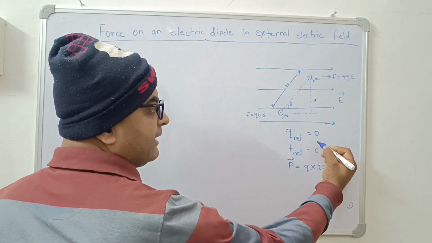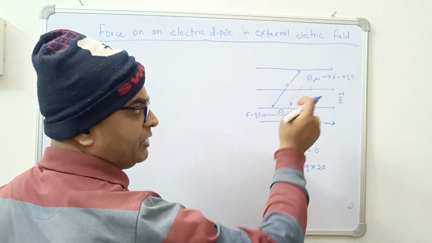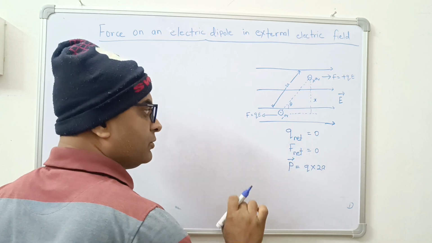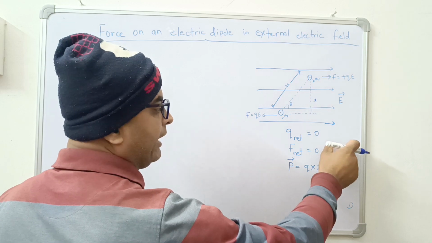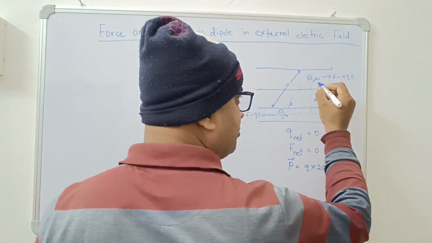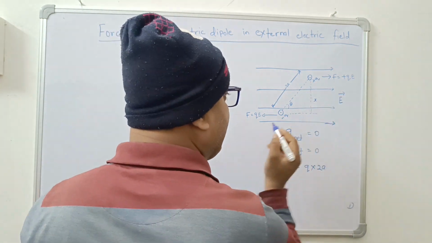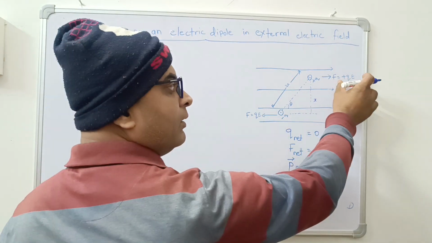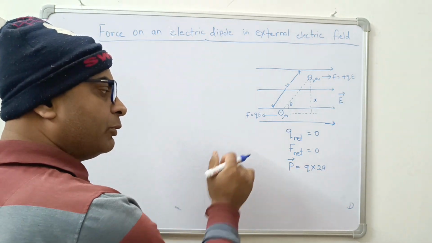As you can see, q net, the total charge, as you already know, this is positive q and this is negative q. So total electric charge will be 0, and force is acting in this direction due to the positive charge, and due to the negative charge it is in this direction. Both the forces are equal in magnitude, but they are in opposite directions.